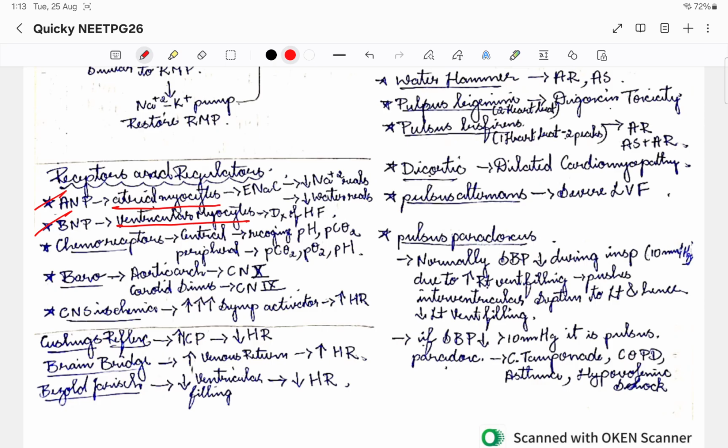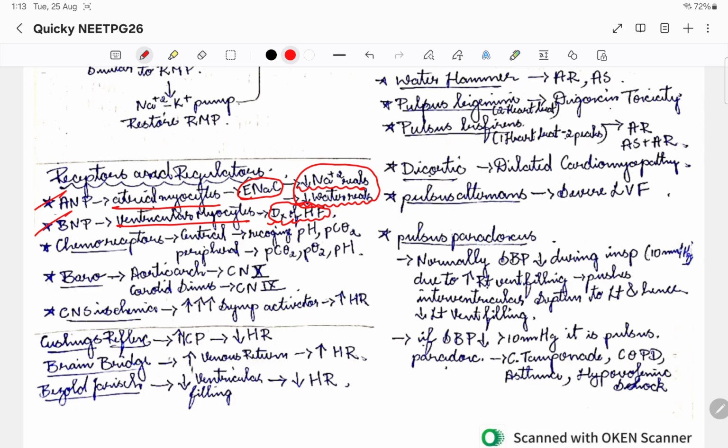If there is too much blood in the heart and the heart is failing, ANP is released and the ENaC channel is inhibited, which reduces sodium reabsorption and water reabsorption from the kidney. That is what happens with ANP. BNP is used in the diagnosis of heart failure.